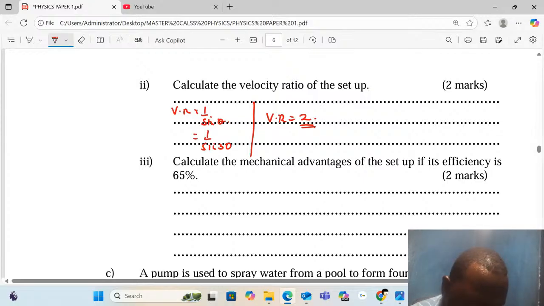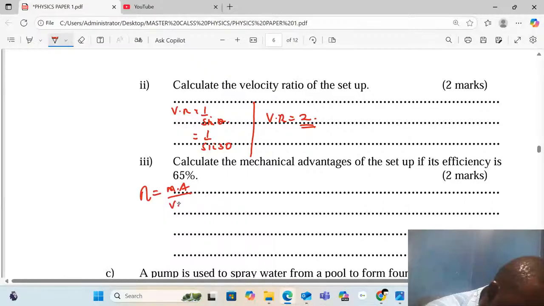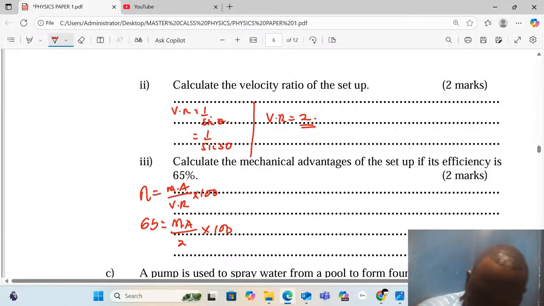Calculate the mechanical advantage of the setup if the efficiency is 65%. From the formula, efficiency is given by mechanical advantage over velocity ratio times 100%, then our 65% will be the same as the mechanical advantage we are looking for over 2, then you multiply by 100.